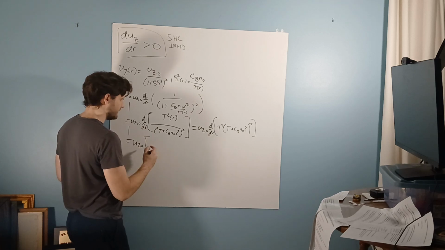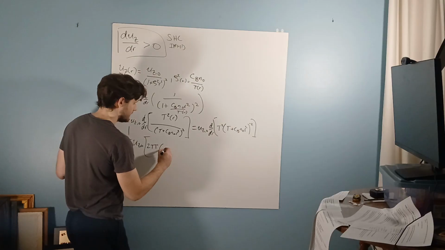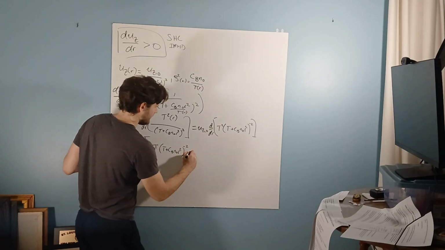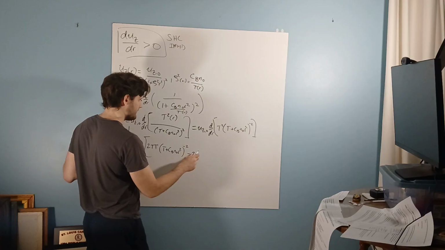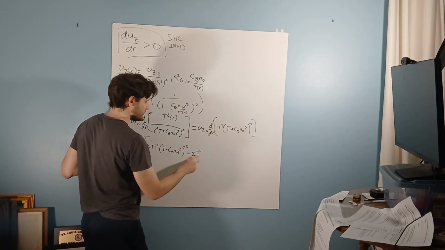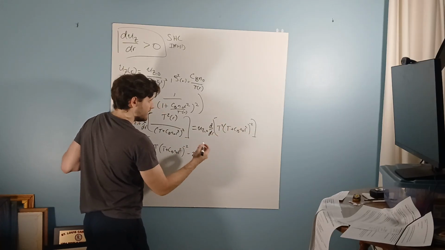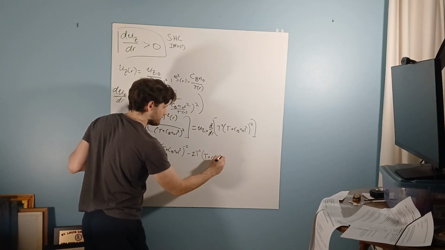So what that leaves us with is 2T T prime, minus 2 T squared. We're just using the power law on this. And then we also have to take the derivative of the inside of that expression, right? It's a chain rule.